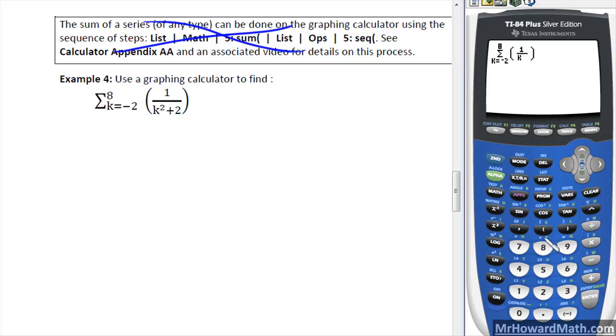There it is, k squared plus 2, and hit enter, and it gives us the answer 1.745, rounded to 3 places.